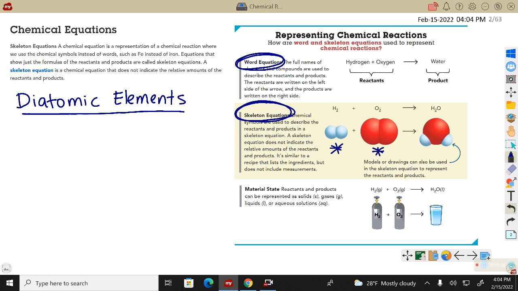On the periodic table, they're hydrogen, way up in the left-hand corner, and then the rest of them are on the right-hand side.